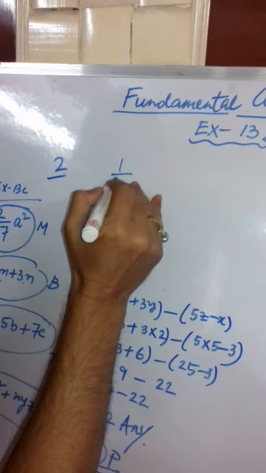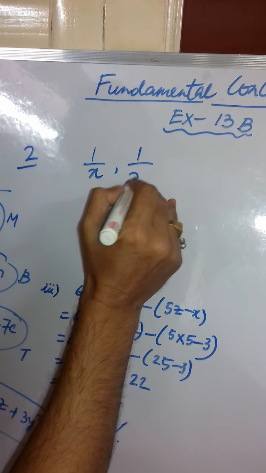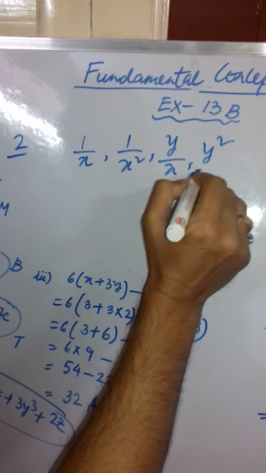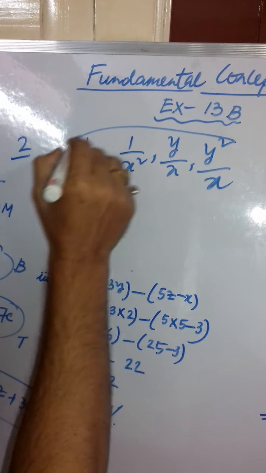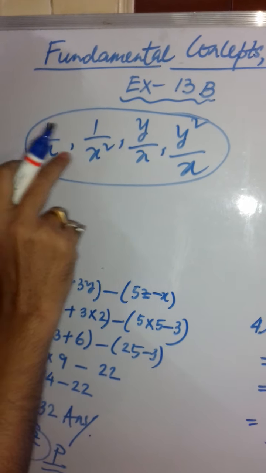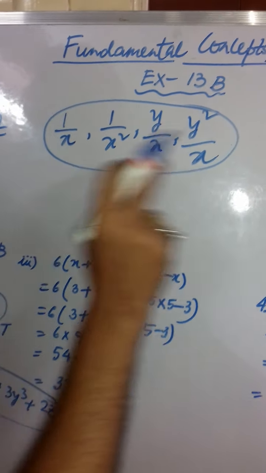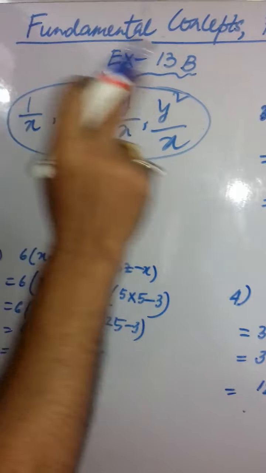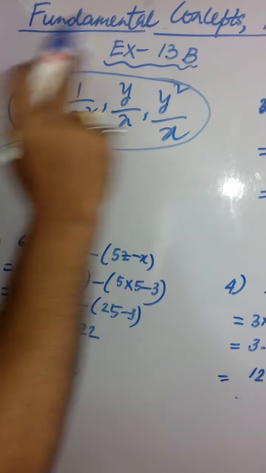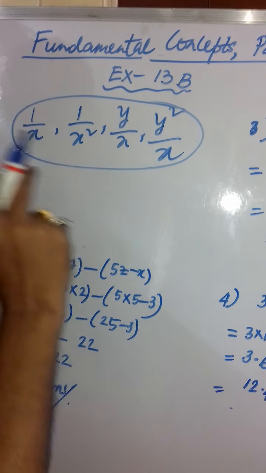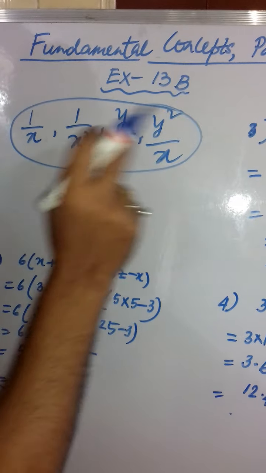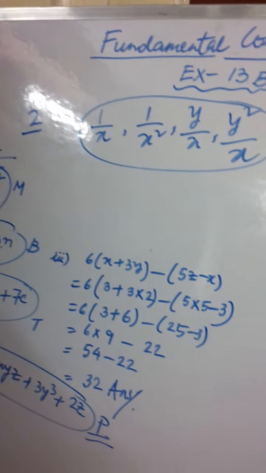Say the expression contains 1 by x or 1 by x square or y by x or y square by x. If this kind of terms are there, you see that x square, x are actually in the denominator. It's expressed as a fraction. So we are not going to consider these as polynomials.